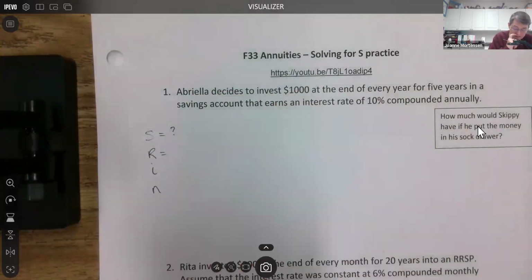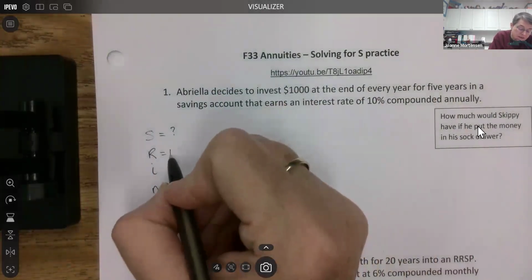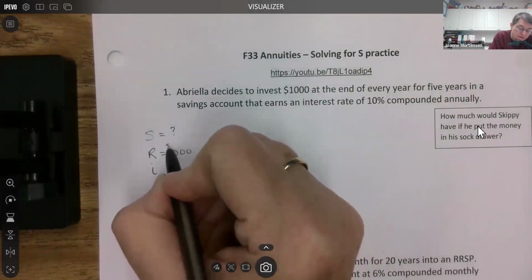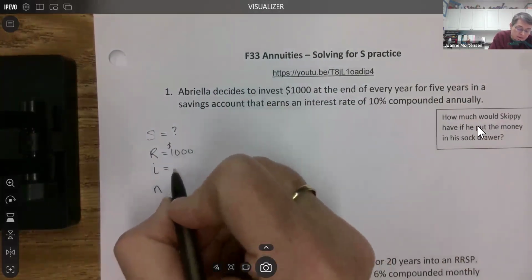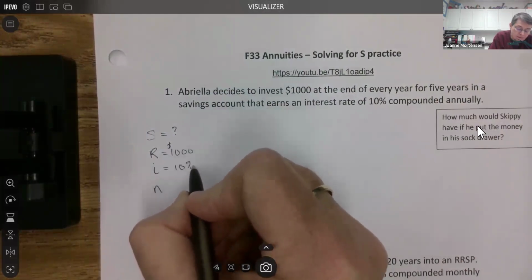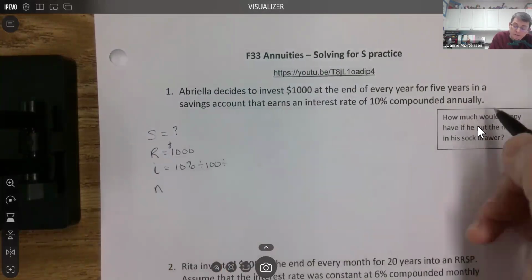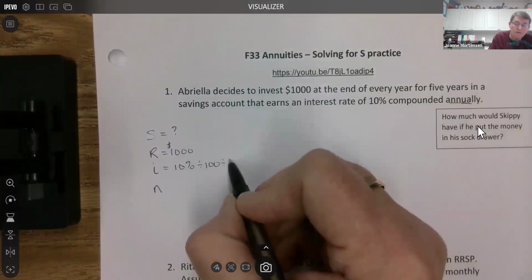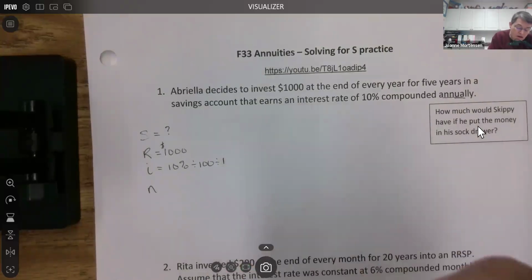In this question, she invests $1,000 and we're getting 10% divided by 100, compounded annually. I'm putting the one there. You don't need that, but I like the habit of doing the same thing every time for every question.